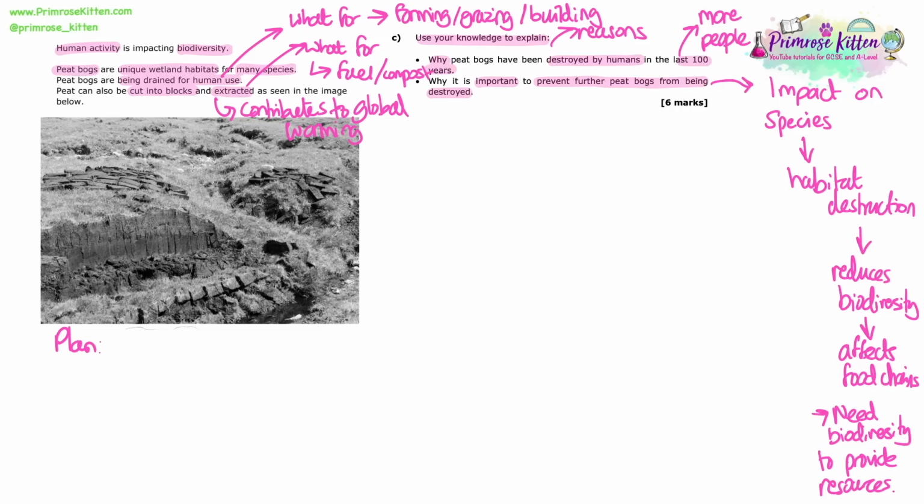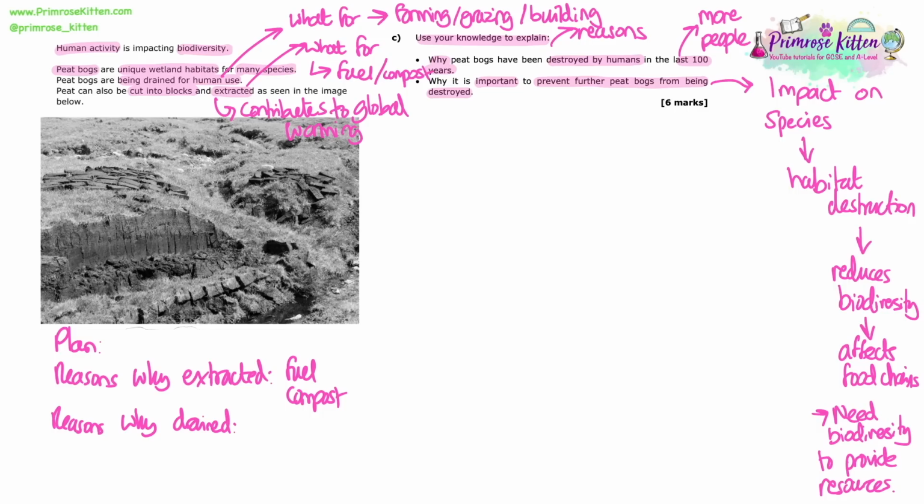But why? And that's because it's about more people. So remember, when we looked at land use and pollution, all of those things, we talked about why humans are having a greater impact, and it's because the population is increasing, and therefore we need more land and more space to grow crops to feed more people. So that's the reason why they've been destroyed, as well as how they've been destroyed.